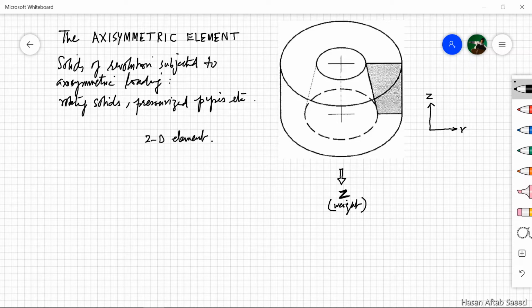And if the conditions of loading and geometry are satisfied, that is, it's a solid of revolution and the loading is also axisymmetric, then you are only required to model this using this one plane. One plane is enough. Obviously, you will subdivide it.